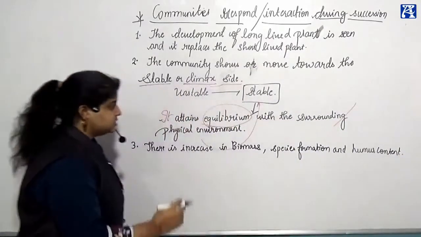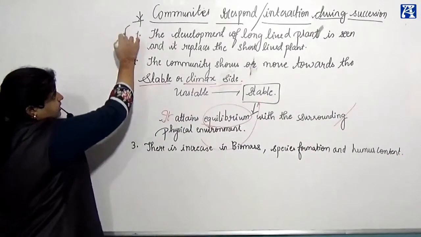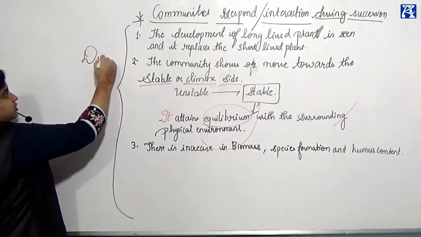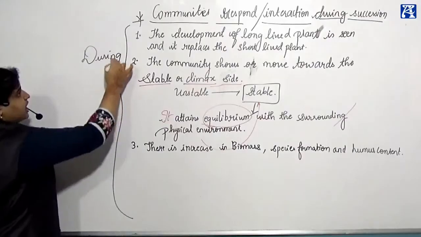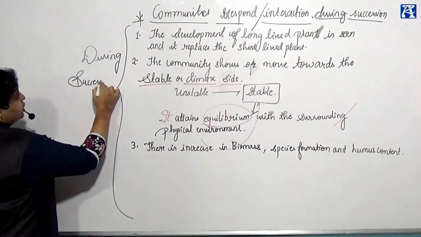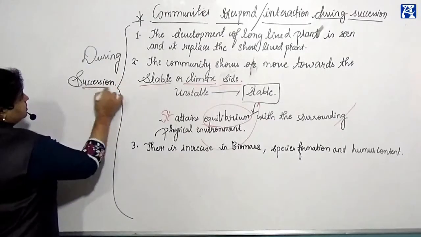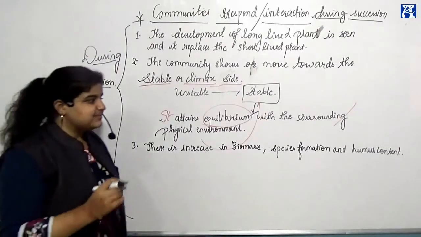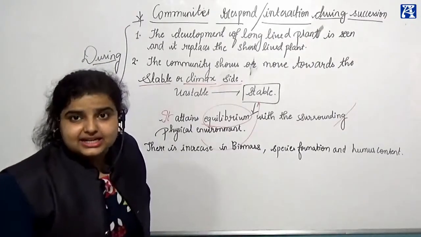During this process, during succession, all this is going to happen. How do communities respond during succession? What are the things they show during succession? There is an increase in biomass, species formation and humus content.